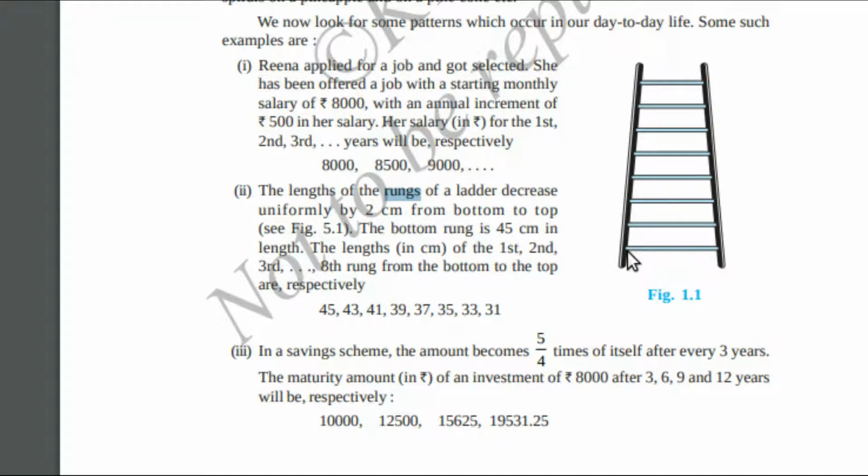This horizontal bar is 45 cm in length. The length is mentioned in centimeters. And the second rung is 43 cm and the third rung is 41 cm, and so on. Finally, the last rung is 31 cm.